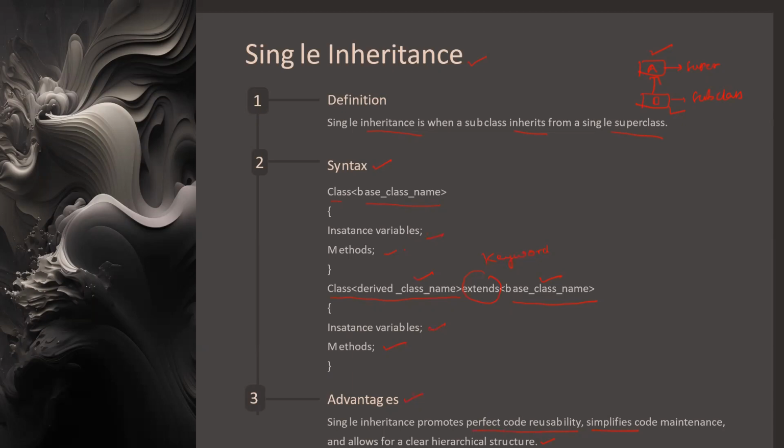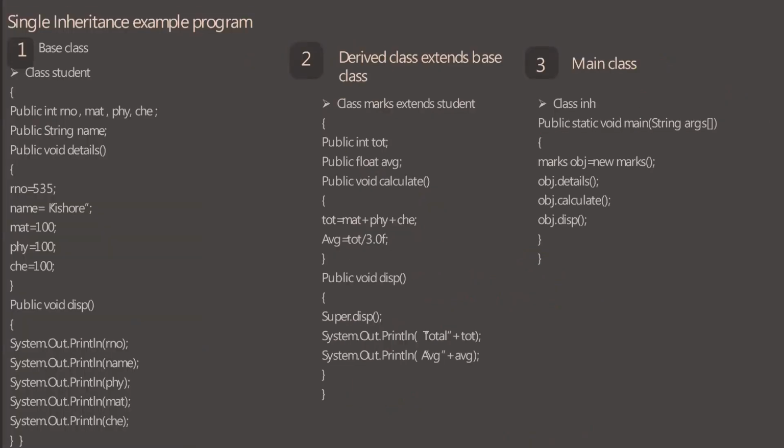Now let us go with the example. I've divided my program into three categories, 1, 2, and 3. Just focus here, you'll understand the concepts more clearly. In the first point, I've created the base class. In the second point, I've created a derived class extending your base class.